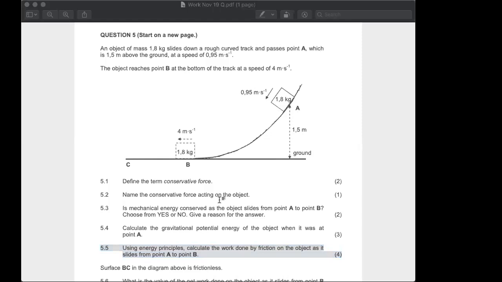I'm just getting it on Word here so that we can maybe write something on Word. Use energy principles. Right. I'm just putting it here for you guys.